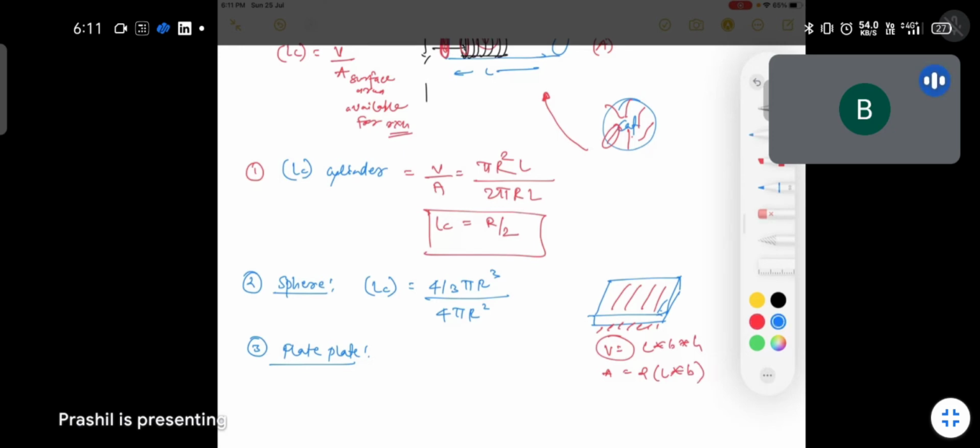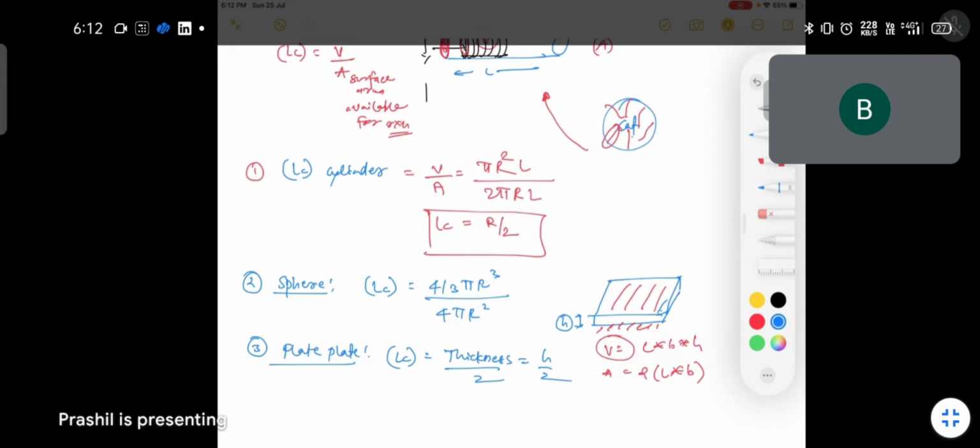Based on this, LC is thickness divided by 2, that is h by 2, where you consider this as thickness h. So this is about characteristic length.